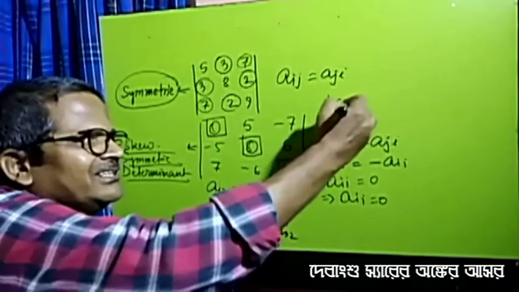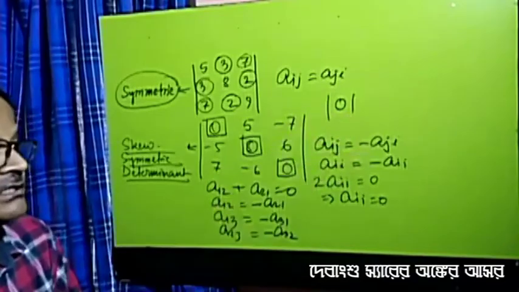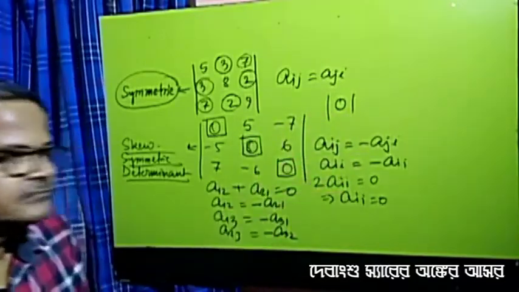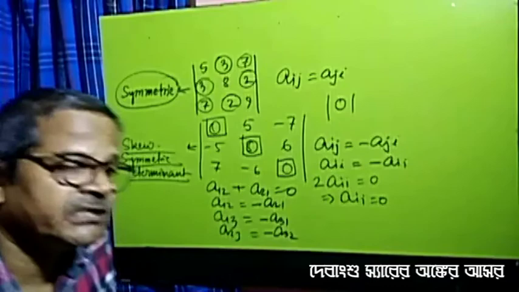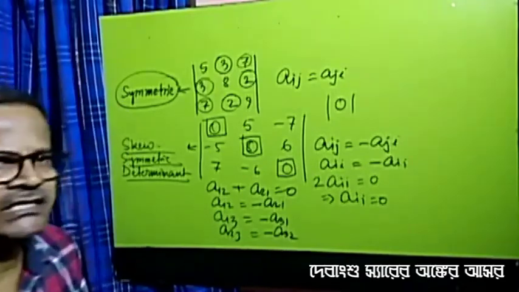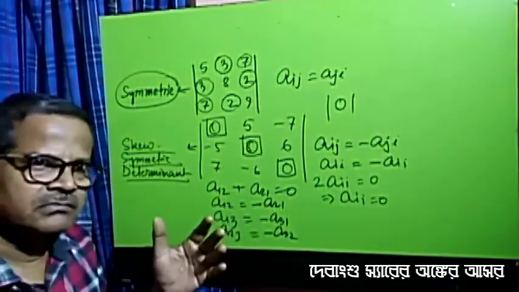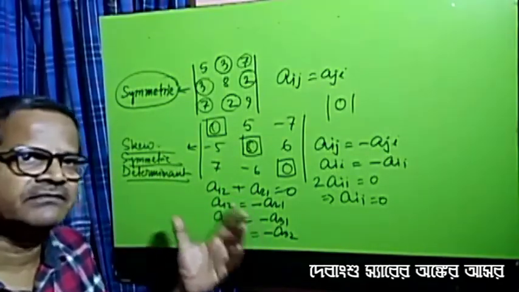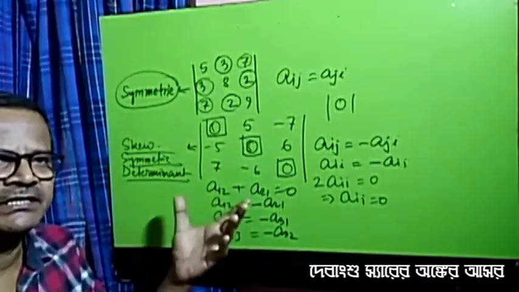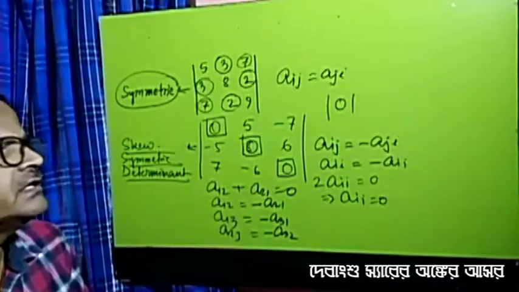For first order, it is 0. A first order skew symmetric determinant is symmetric also. That we will prove later, not now. We will prove it after learning some properties of determinants. That is a very simple question.